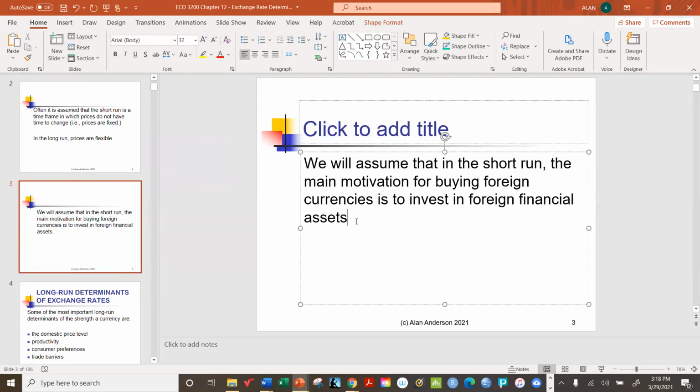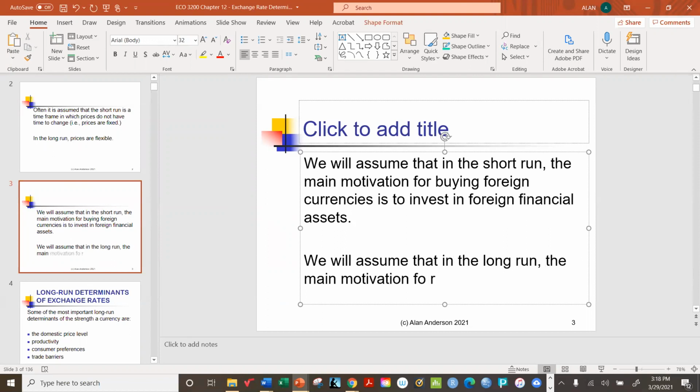Certainly you're using currencies to buy goods and services, but a lot of the trading in the marketplace is really coming from people buying and selling foreign stocks, foreign bonds, putting their money in foreign bank accounts, that type of thing. But we'll also assume that in the long run, the main motivation for buying foreign currencies is to buy foreign goods and services.